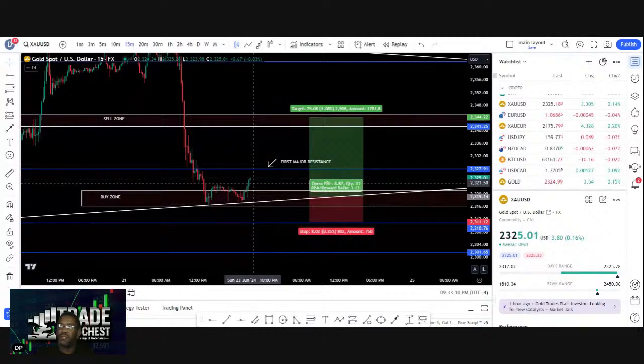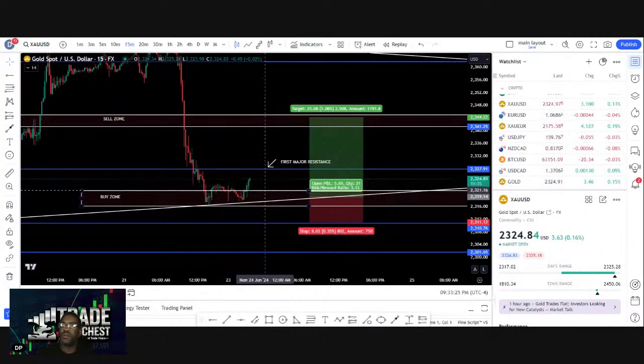So if we do get some news or anything that affects price and makes price reverse or go in the opposite direction, it will automatically get closed out either in profit or at break even. So generally what I do is when my trades go into profit, I'm moving my stop loss up to break even.